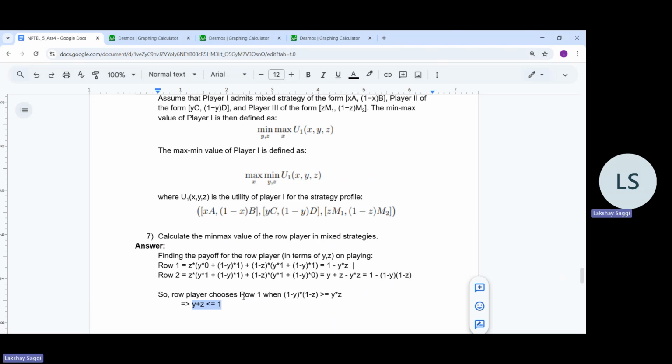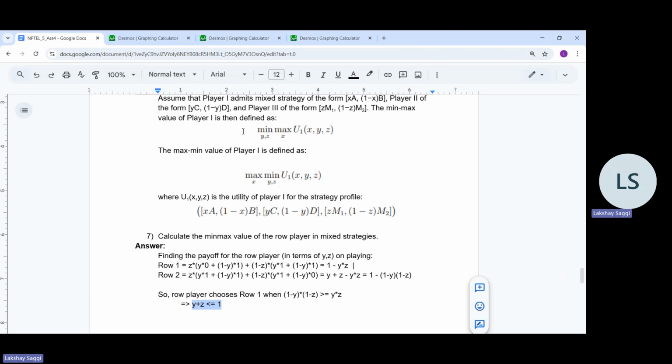Okay, so the row player chooses row 1 when y plus z is less than or equal to 1, right? So now we have an idea of how x is going to play out: whatever yz is chosen, if y plus z is less than or equal to 1, row 1 will be chosen, else row 2 will be chosen.